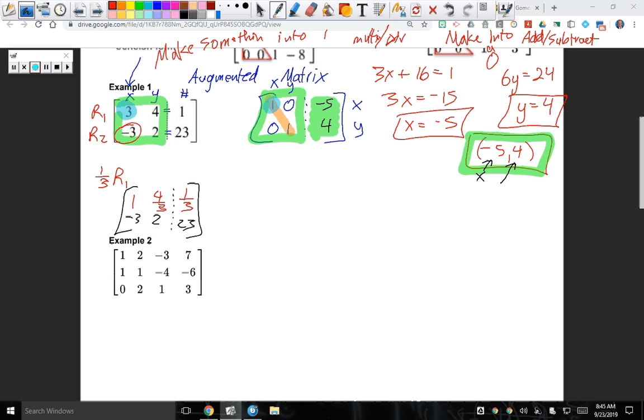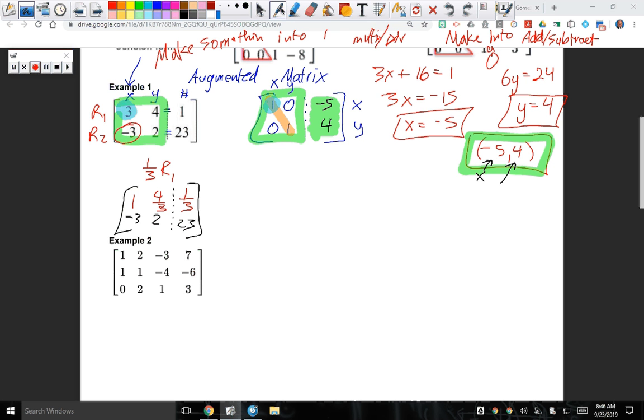Now, remember I've talked about this a lot. Multiplication and division cancel to a form of 1. Addition and subtraction cancel to a form of 0. You with me? Okay. So here's what we're going to do. This first one, let me get a little bit more organized with my work because I want you to be this organized. 1/3 of row 1 ended up to this.